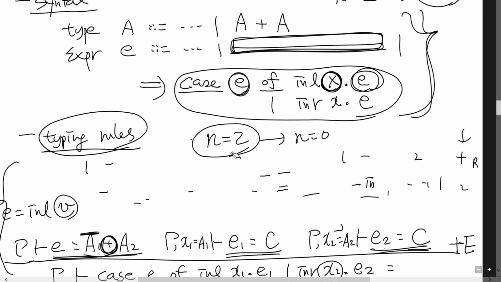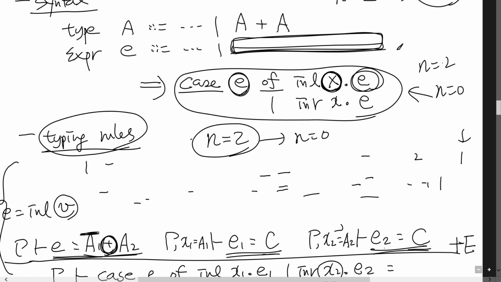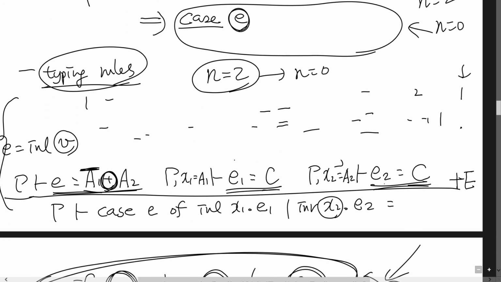Now let's talk about the case expression. In the case of n is set to 2, you have two branches. Now what happens if we set n to 0? Then we have no branches. So these guys are all gone. In the case of the elimination rule here, the sum type elimination rule, the premise has two cases.